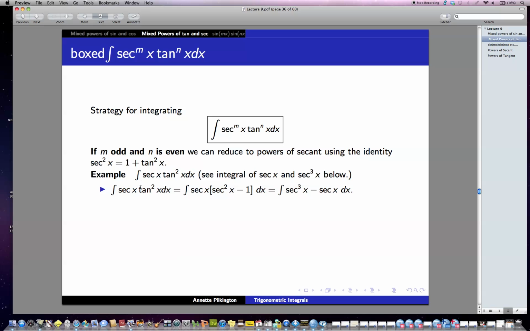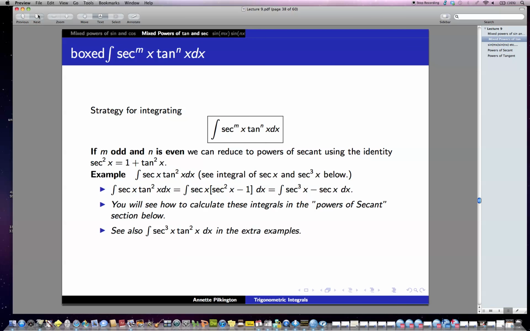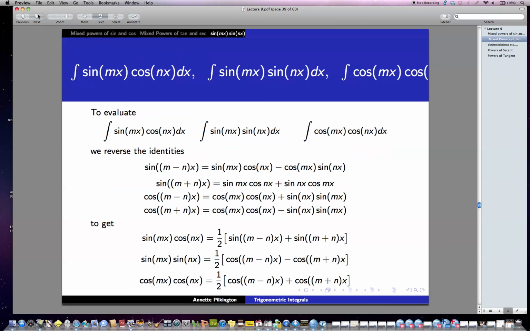So what I do here is I convert tangent squared to secant squared minus 1, and I convert this integral to the integral of secant cubed minus secant. And then of course one of our topics has to be how do we integrate powers of secant or powers of tangent.